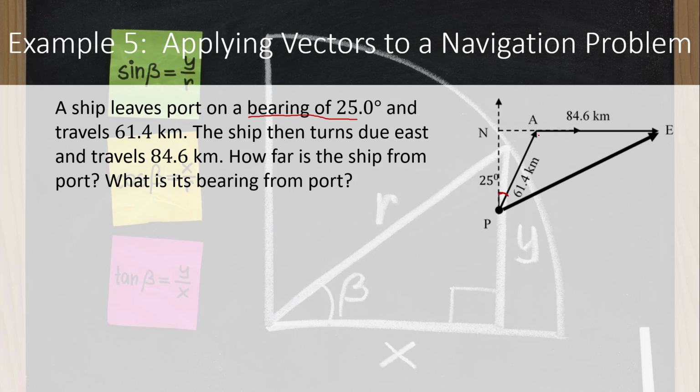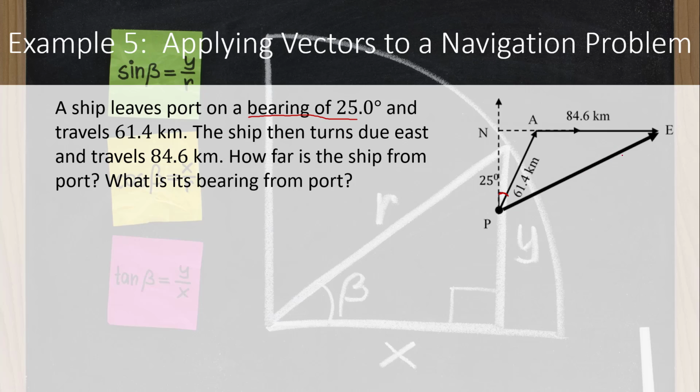Then it turns east and then travels for 84.6 kilometers in this particular direction. And the question is, how far is the ship from the port, and what is the bearing from the port? Well, if it went 61.4 kilometers at a bearing of 25, and then turned and went 84.6 kilometers, it's going to be here. And then this will be the resultant position vector for the ship.